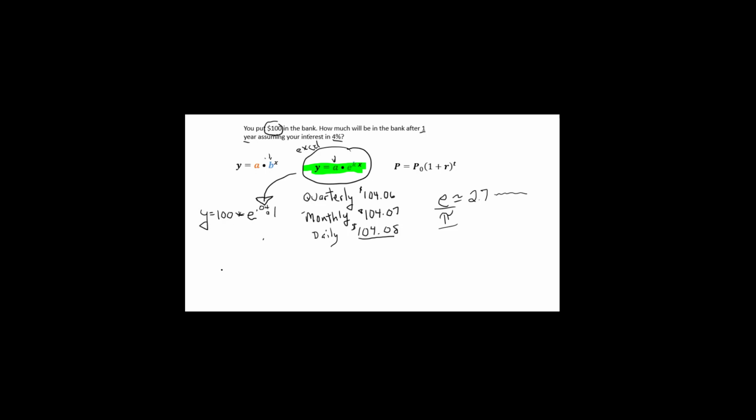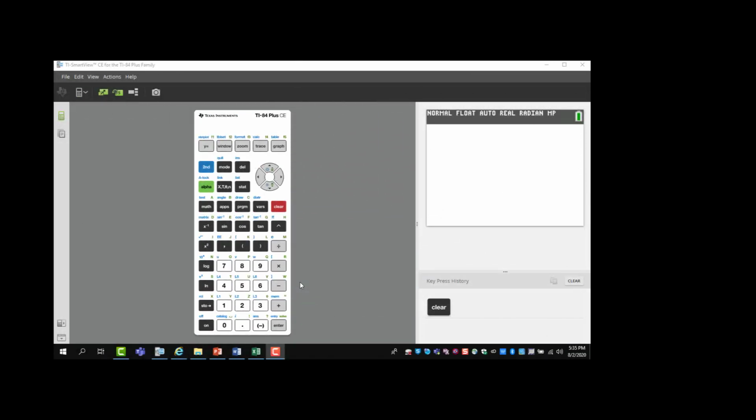So let's actually put that in the calculator. Now, all calculators are different, but let's just use this one. So we have 100 times E, which is the blue, that little E there. So you got to hit second E, raised to the 0.04, come down off there, times 1, which I really don't need to do that, do I?